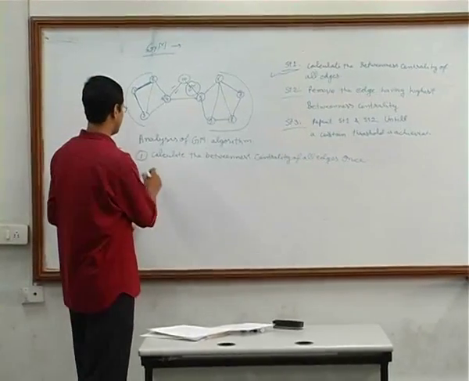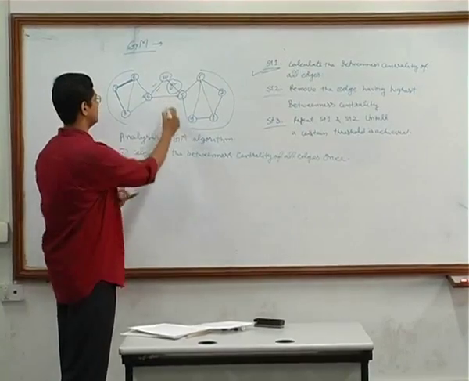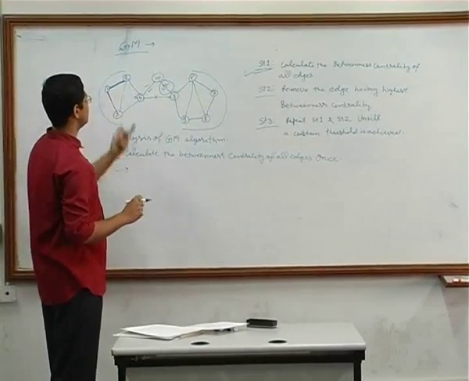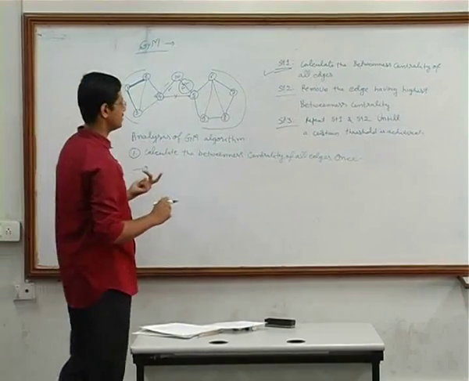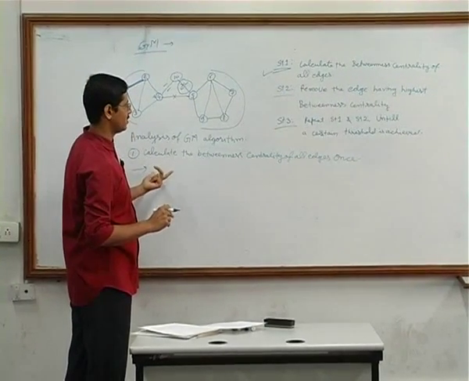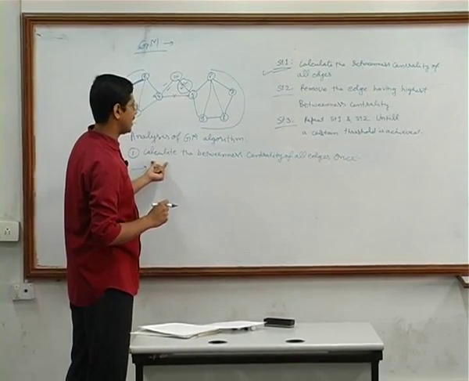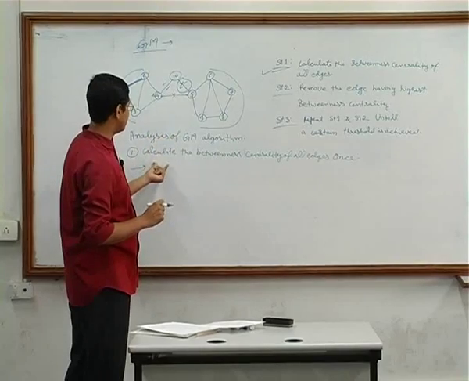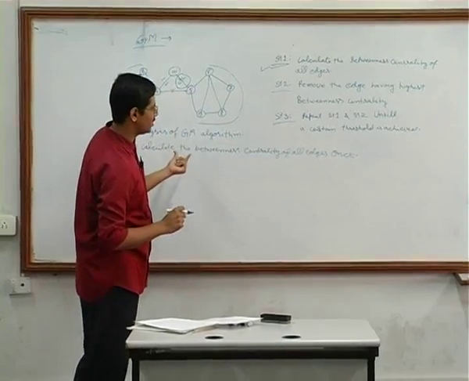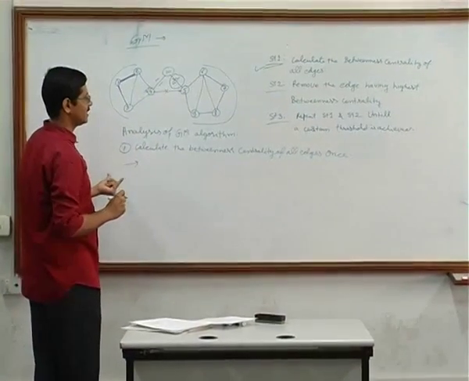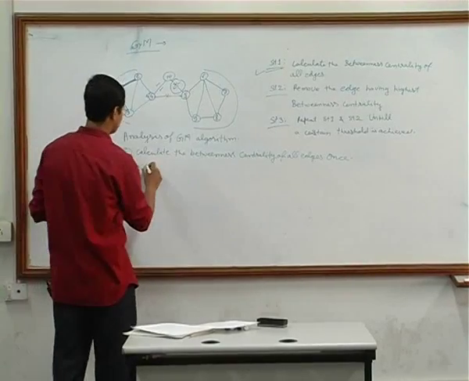But this idea will fail. Suppose after removal of this edge, we use the same betweenness centrality. Then in some cases it may create wrong results. If after removal the betweenness score of some edges changes, then it may give a wrong result.